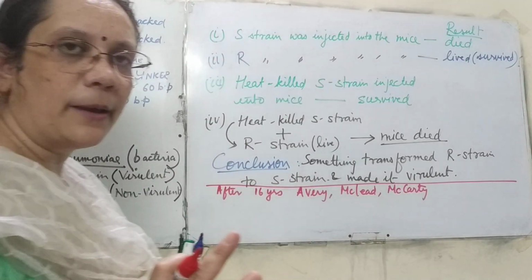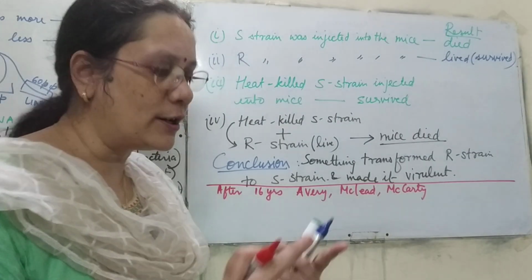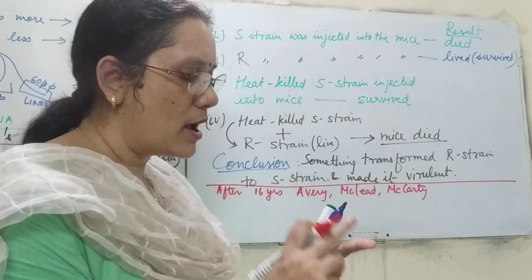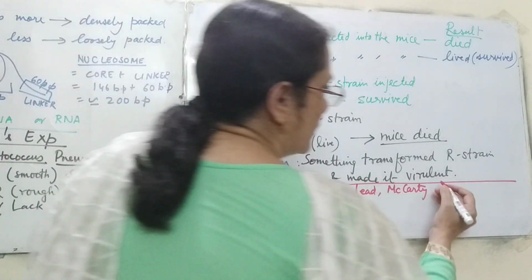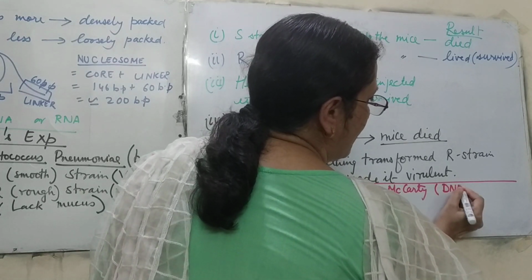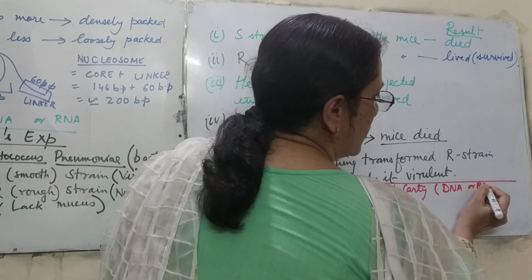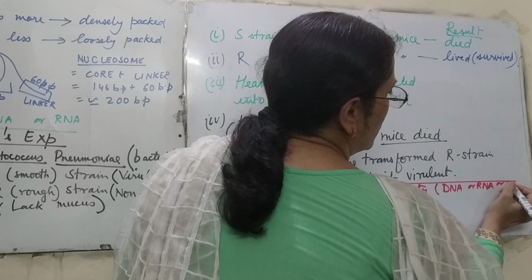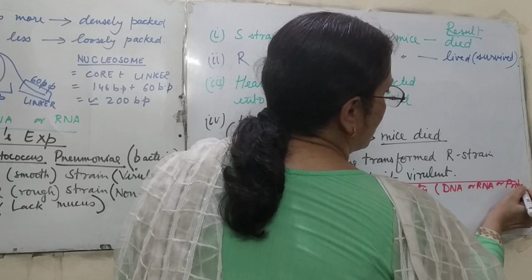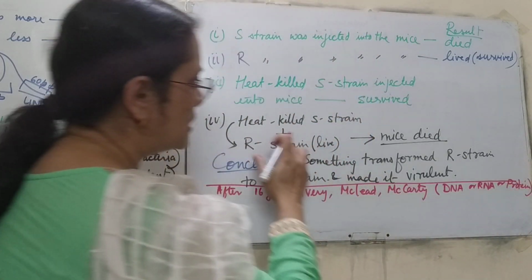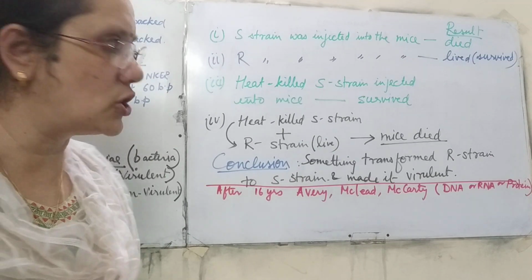They had three things in their mind. It could be either DNA, RNA or a protein which was responsible for this transformation.